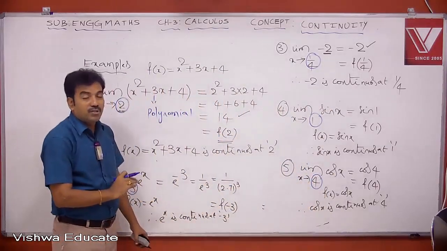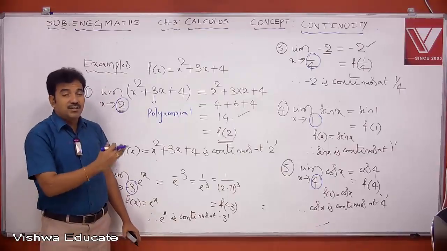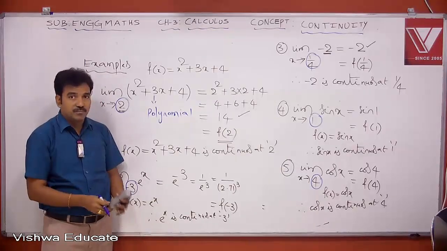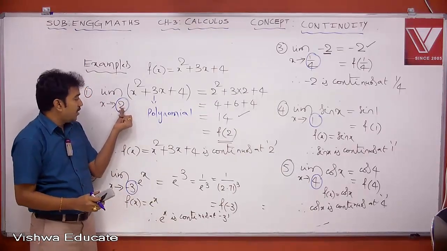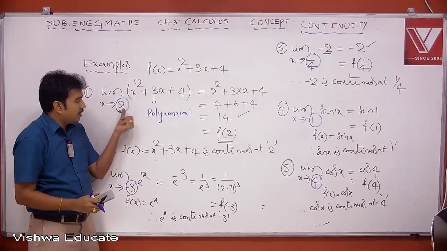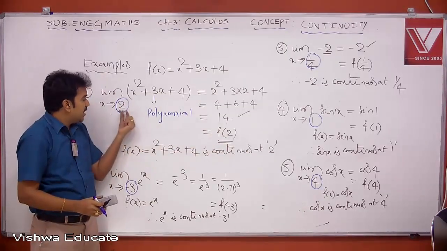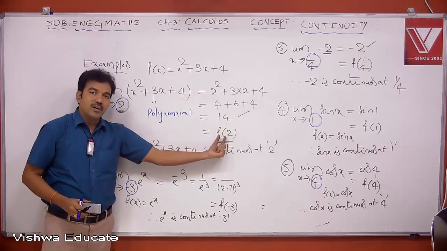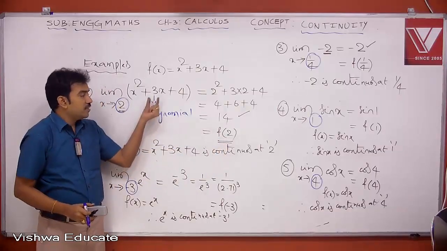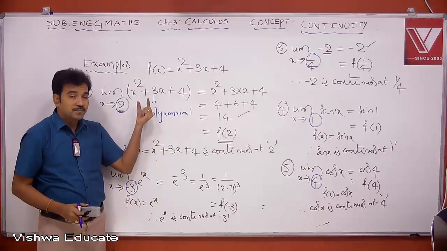In fact, these numbers do not change the continuity properties of a function, because when you replace x by 3 here, this becomes f of 3. If it is minus 6, this will be f of minus 6. That means it is continuous at all points.